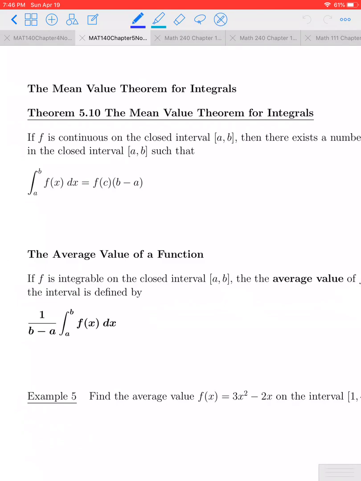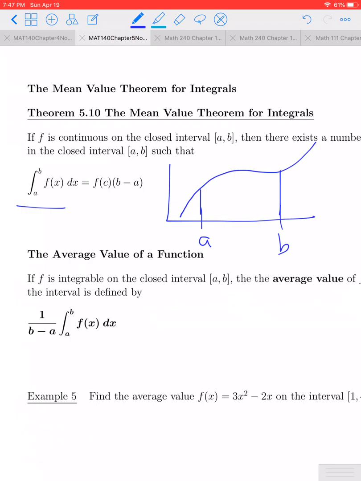To try to get some intuition for exactly what's happening here, let's suppose we have a continuous function, and suppose we have this closed interval a to b. I'm going to draw a function in that interval. The left-hand side of this MVT represents the area under the curve.